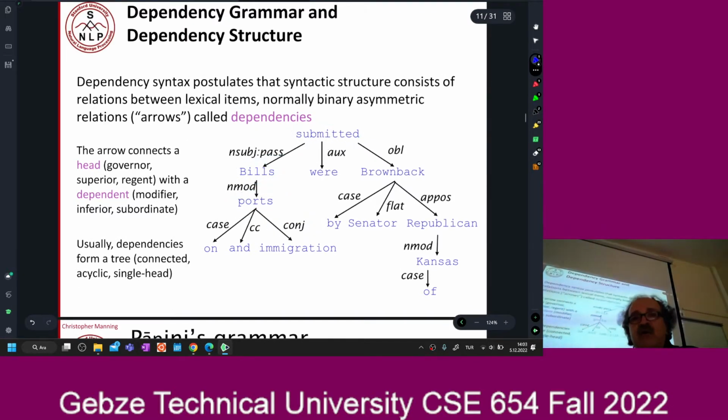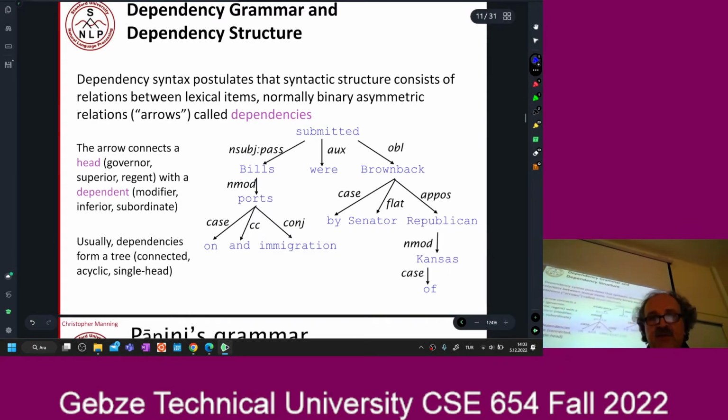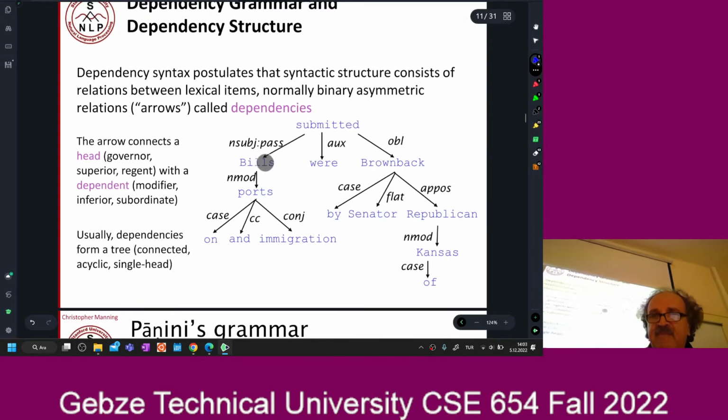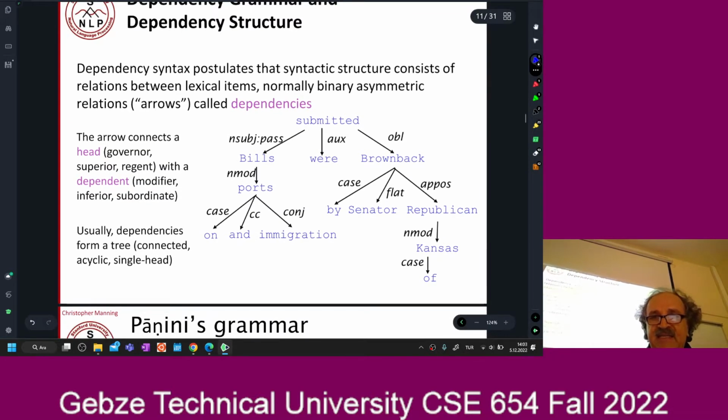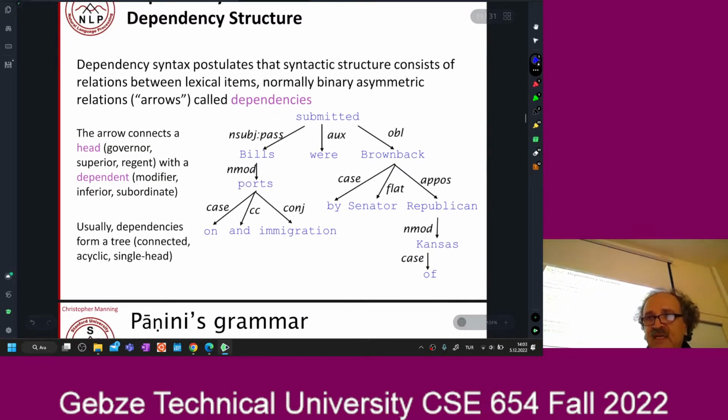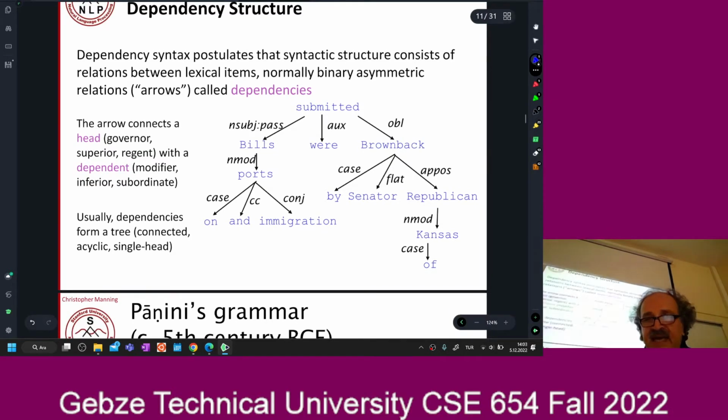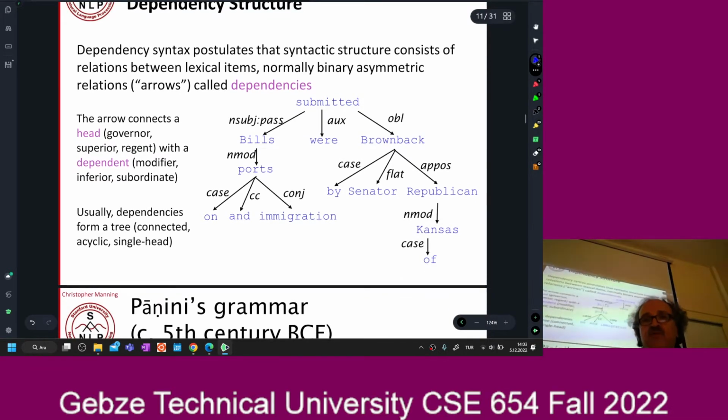The arrow connects a head with a dependent. Submitted is the head, this is the dependent. Bill is the head, this is the dependent. Kansas is the head, off is the dependent. So for each binary relationship, there is a head and a dependent.